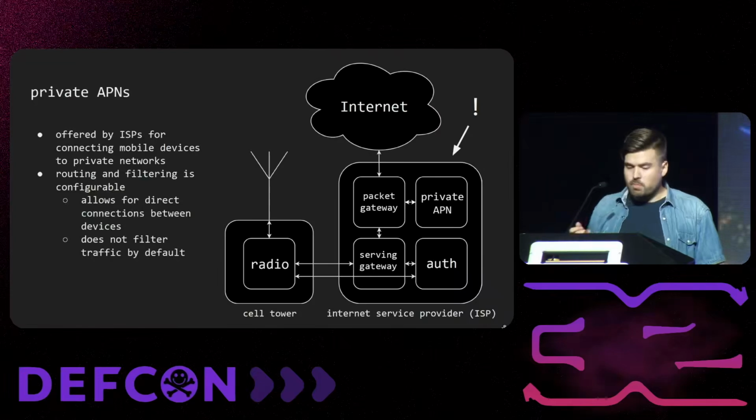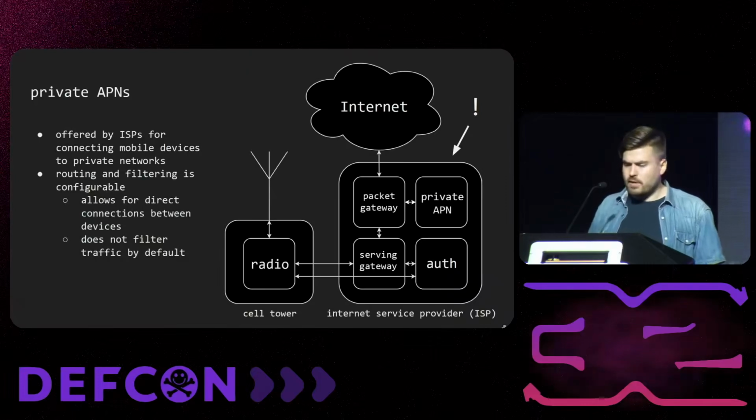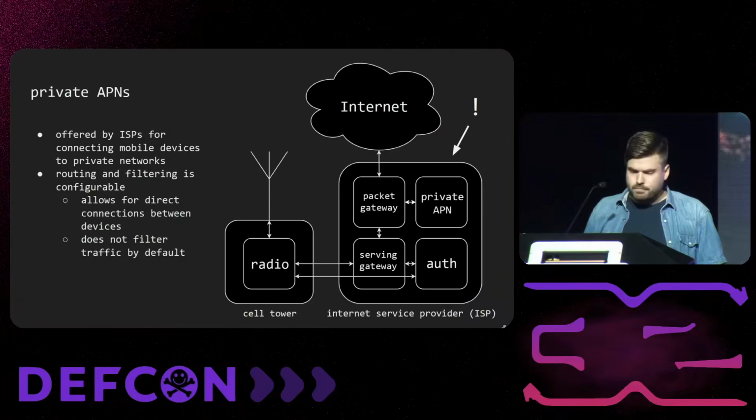These also, by default, usually don't filter the traffic. Sometimes the ISPs don't really like some kind of traffic, or if you do port scanning over mobile network, they might shut you down and you don't really know if it works or not.